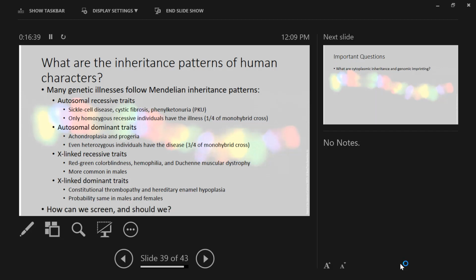All right, so we're going to take a bit of a lecture break. I want you to get together with those around you and explore this question: how can we screen for illnesses in these 4 categories, and should we actually do those screenings?